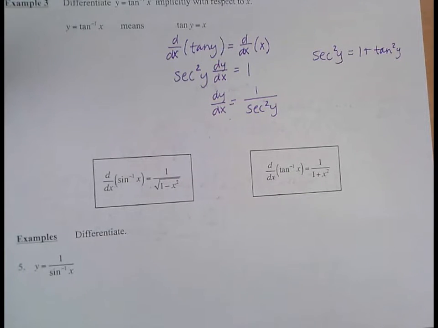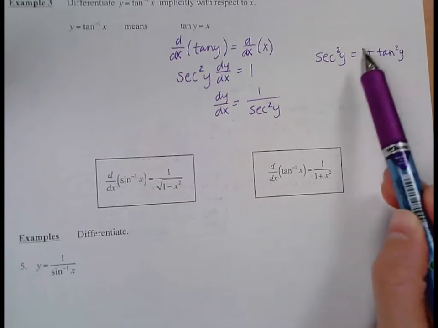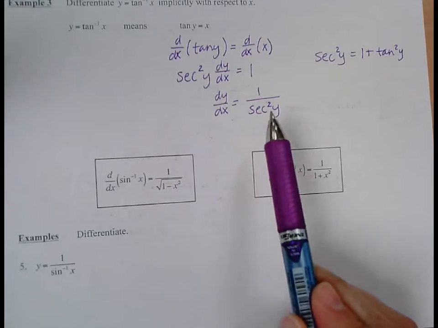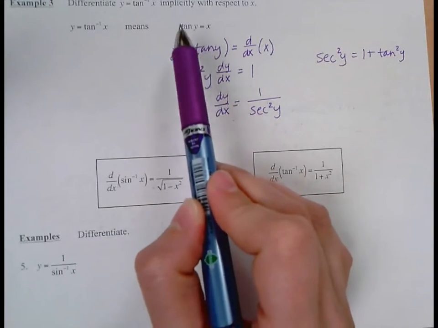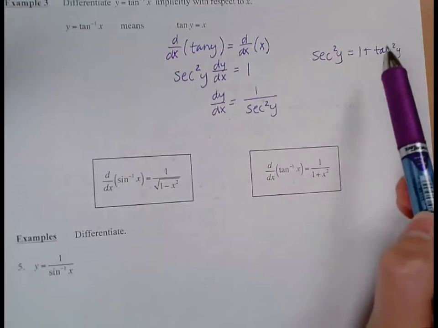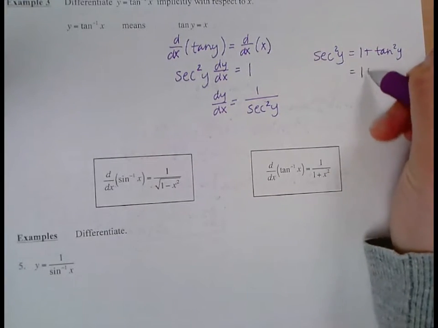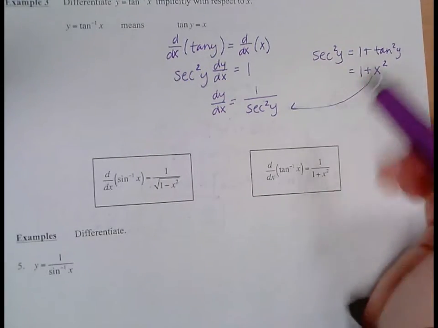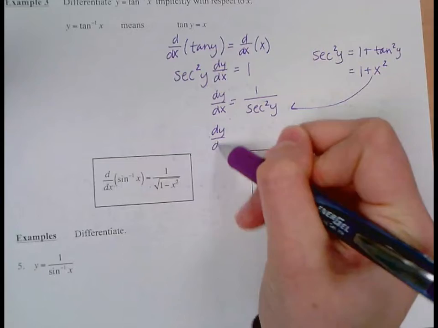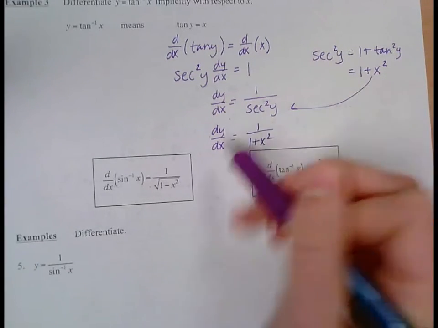And why this is helpful, so I have a secant squared of y. I don't want to replace it with 1 plus tangent squared of y because then I'm still in terms of y. However, tangent of y is x, so tangent squared of y is x squared. And that I can substitute in to get that the derivative with respect to x is 1 over 1 plus x squared.